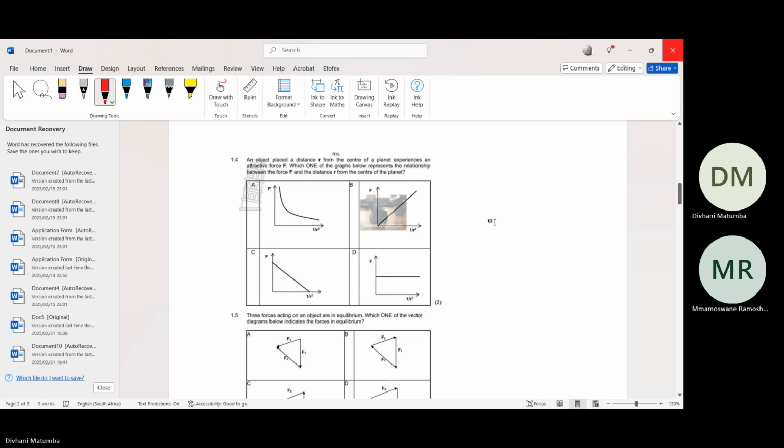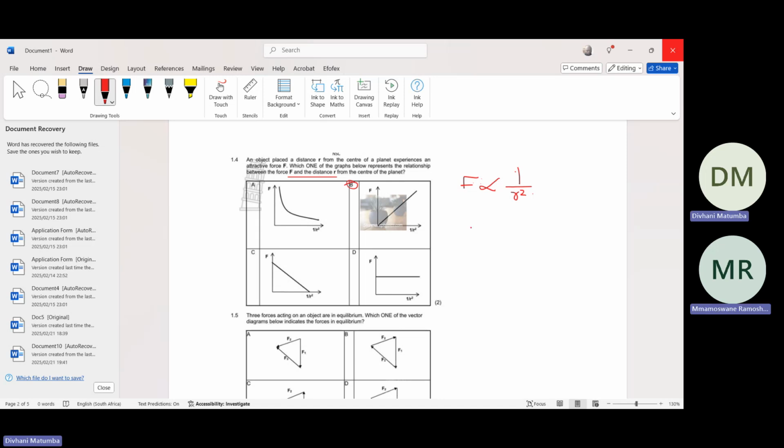B. You said B. They are saying the relationship between F and the distance r. So you're saying the answer is B.